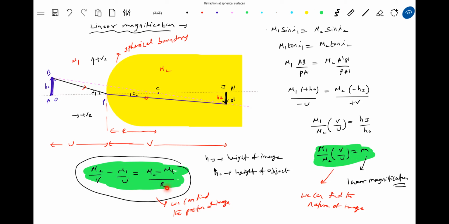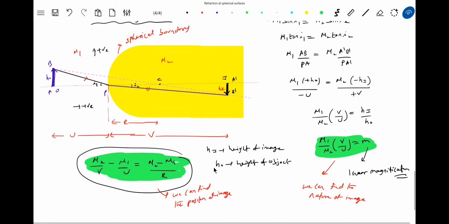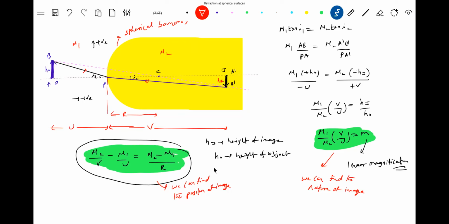So this formula is applicable both for spherical as well as plane boundaries or plane interfaces. We can easily tell the position and height of the image; all the quantities we studied for refraction at a plane surface we can apply here.